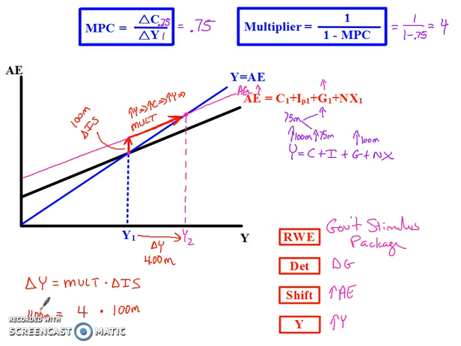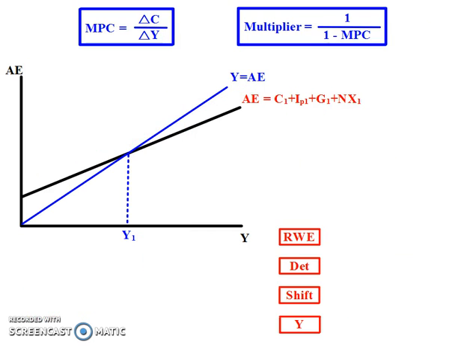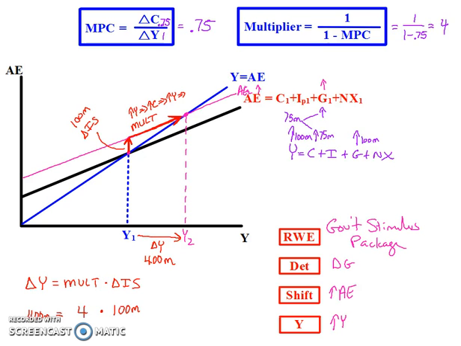Now, we could do this all going the other way. Let me back that up just for a second. The other thing that I want to add, that we haven't talked about before, is that this gross domestic product is associated with some level of unemployment. There's some level of unemployment, U1.